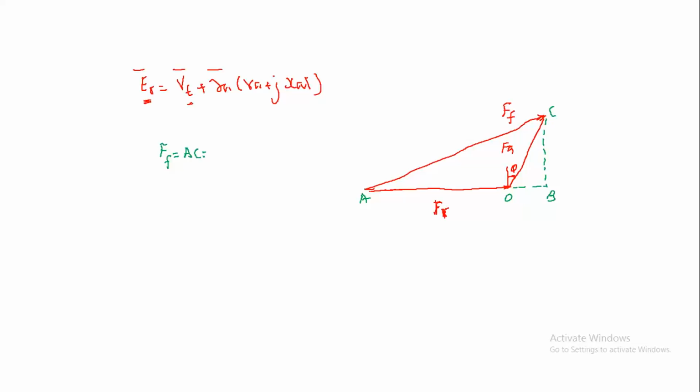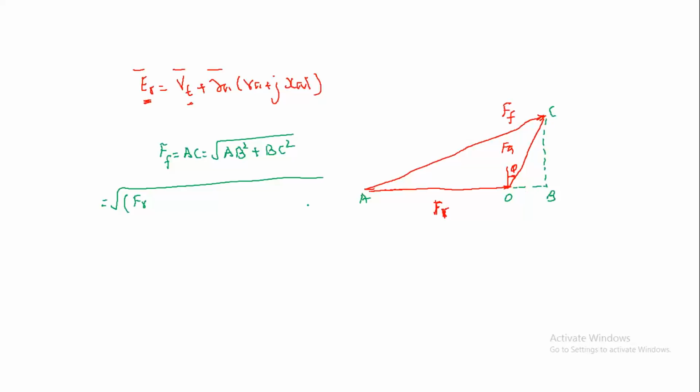AC you have to determine, and it is the square root of AB square plus BC square. So FF you can calculate. This is nothing but FR, corresponding to ER. Then what is OB? AB is nothing but OA plus OB.